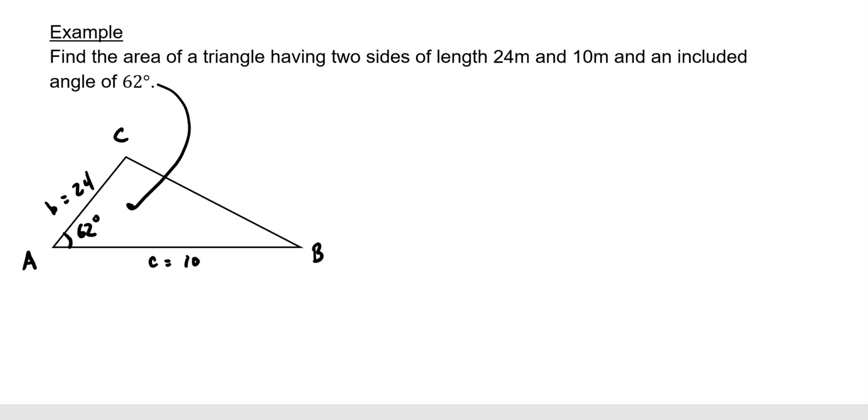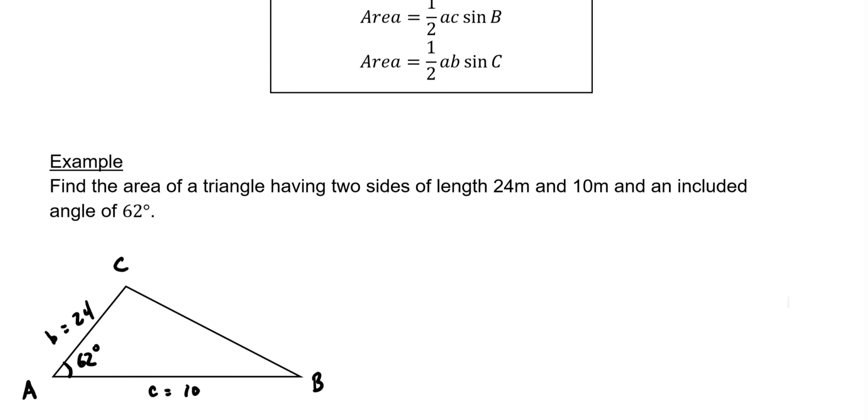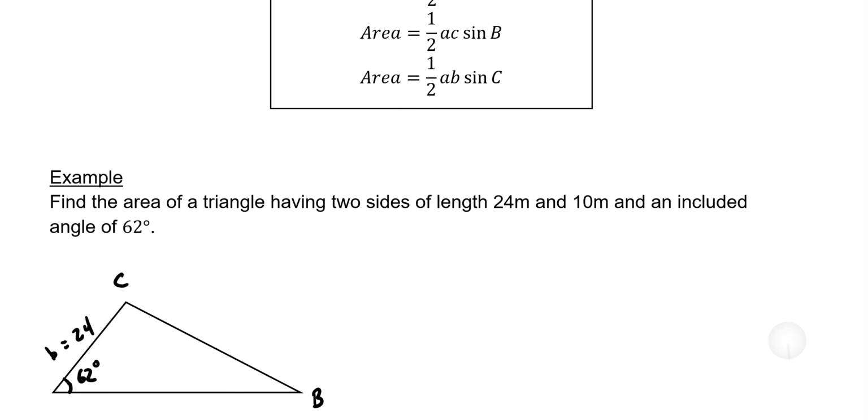So it does not matter where you put the sides. You could have put side B, side A, and side C. As long as the angle is between them, no matter which formula you use up here, you'll get the same exact answer.